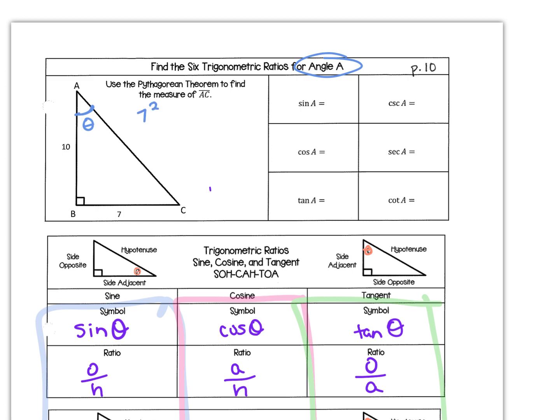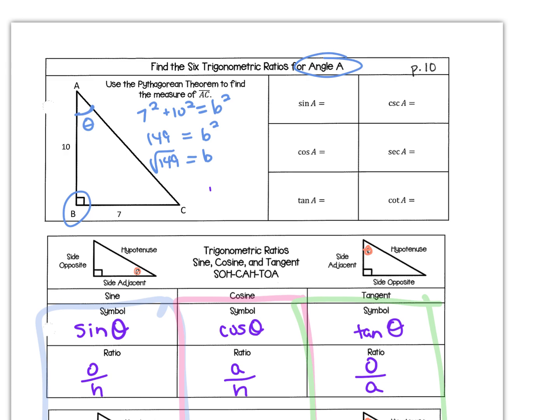So 7 squared plus 10 squared equals, in this case, b squared. The right angle is not labeled as c. If that radical can be simplified, you must simplify it. Okay, this one cannot be, for better or for worse.